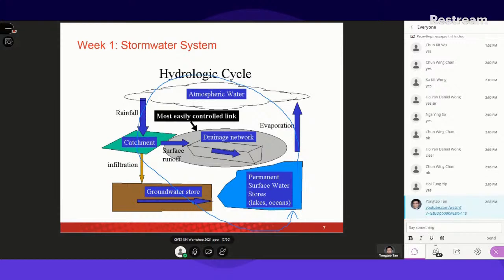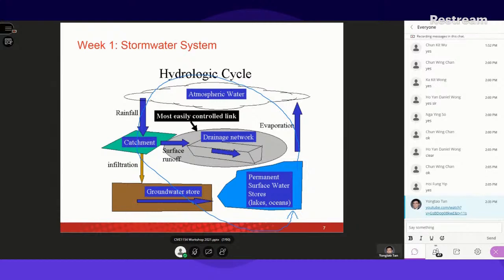So this is the hydrologic cycle, and we also introduced how urbanization impacts the cycle.